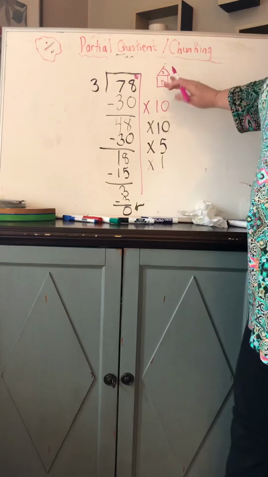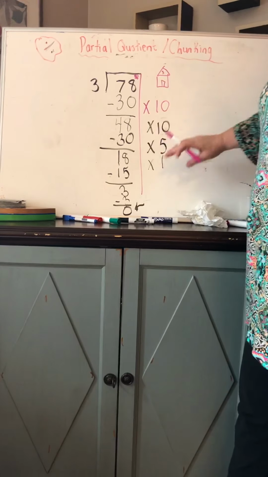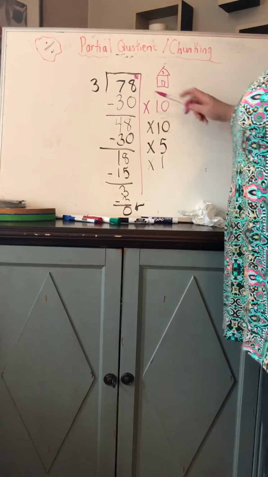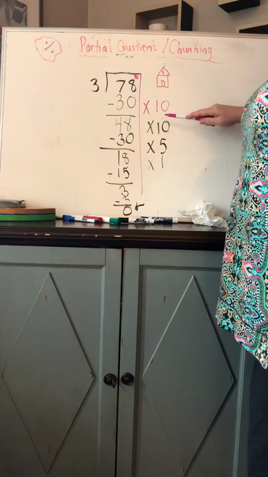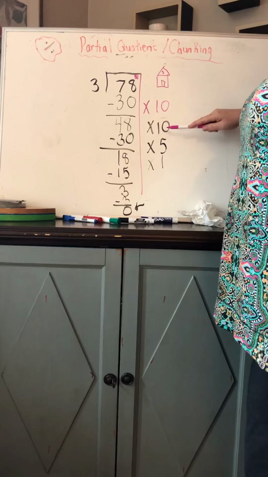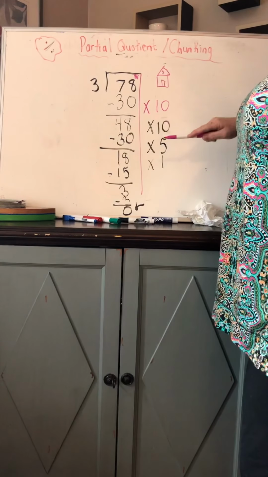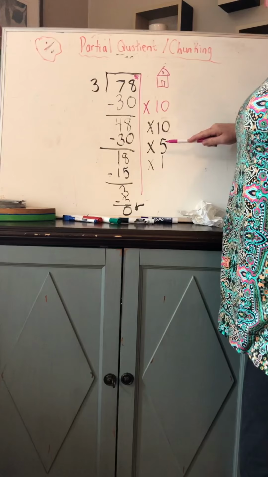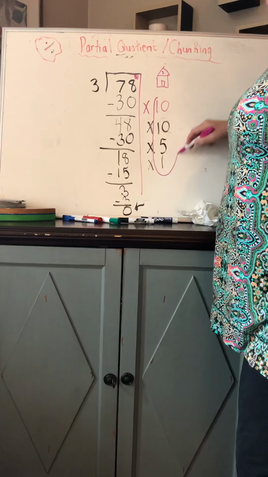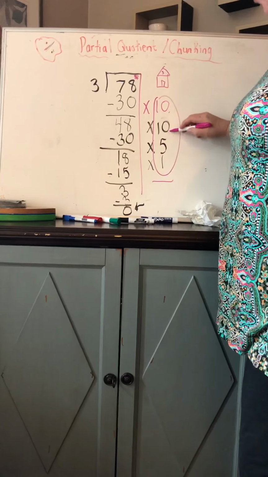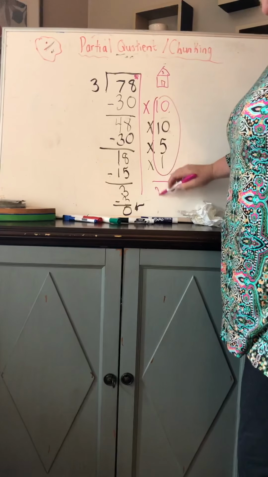So let's go over here. I've kept it very neat. And let's calculate and make sure it works out. I gave everybody 10. 3 groups of 10. Then I gave every group another 10. And then I gave every house another 5 and 1. So altogether, they got 10, 20, 25, 26.